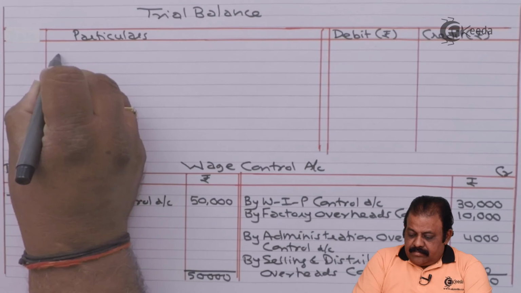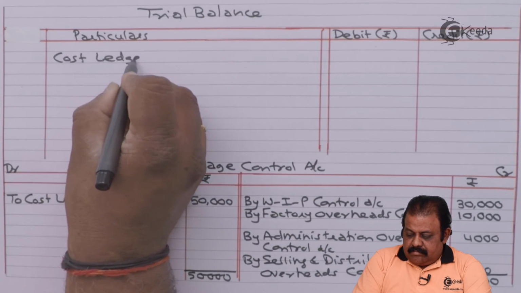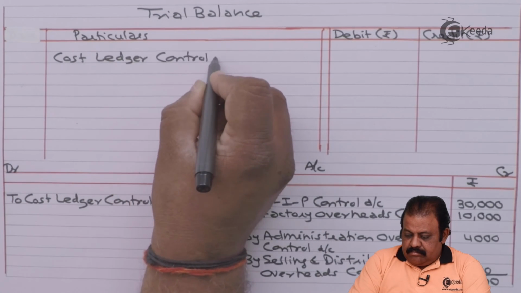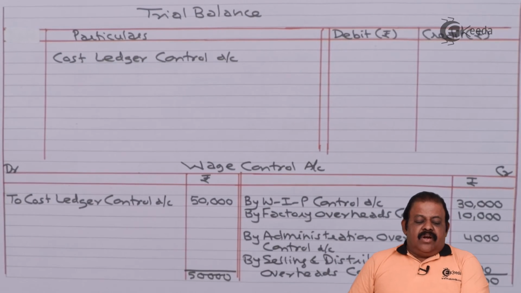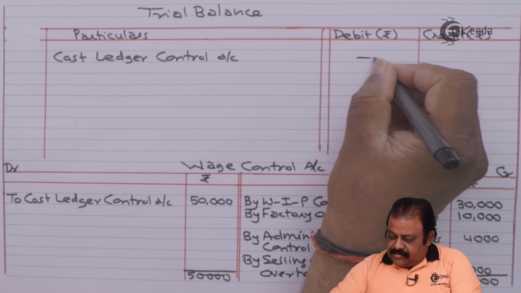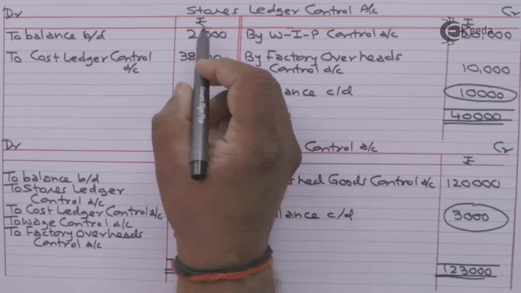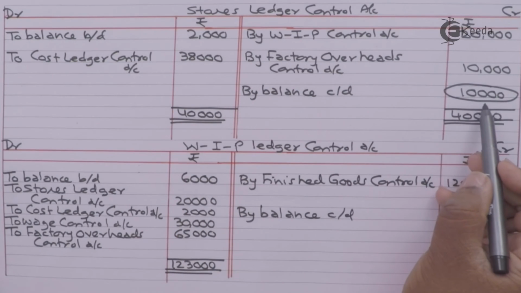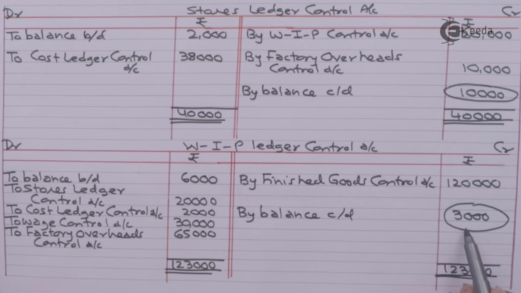Trial balance. Cost ledger control account 16,500, the credit balance. Stores ledger control account 10,000. WIP control account 3,000.